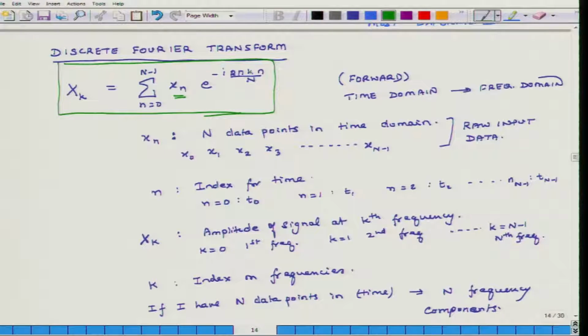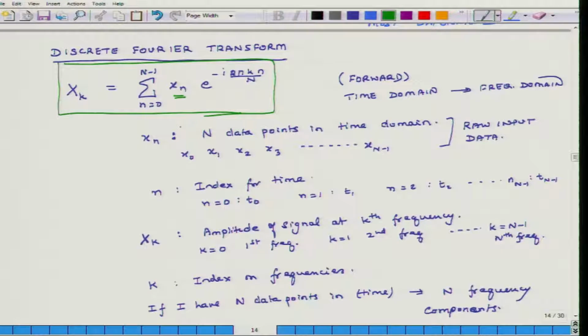Initially I set k to be 0 and I find the summation of this entire expression, then I get x0. Then I change my k to 1 and I do this entire operation again for n points. So, I make n summations, so I get x1, then I go to k equal to 2.